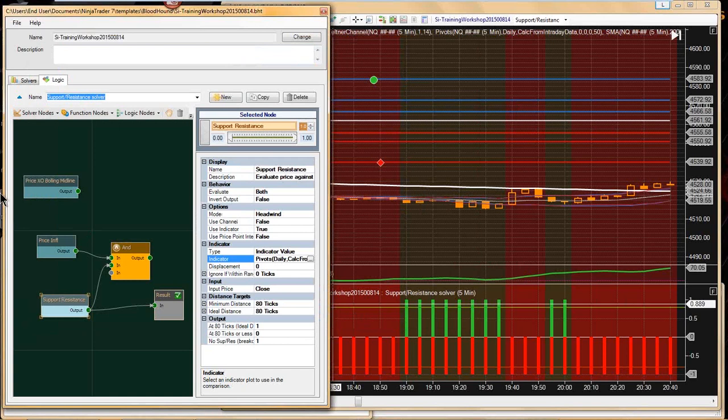All right, there's a couple more questions on here. So Don uses fib numbers for his support resistance.